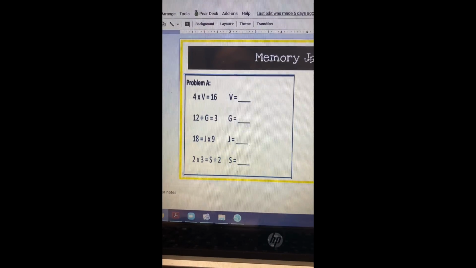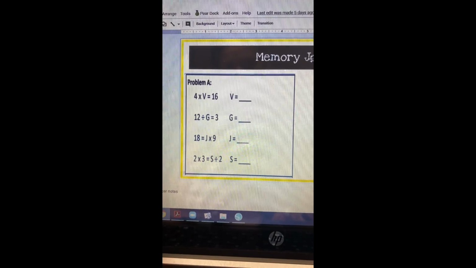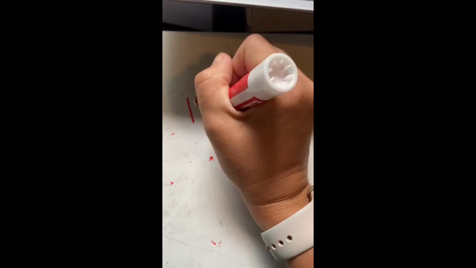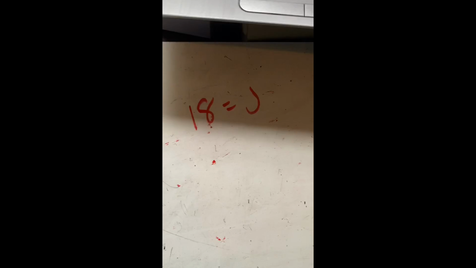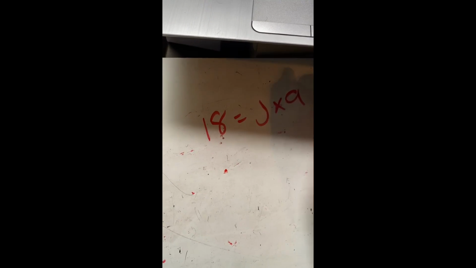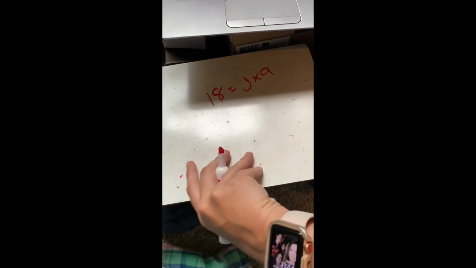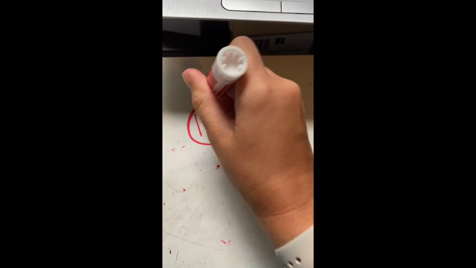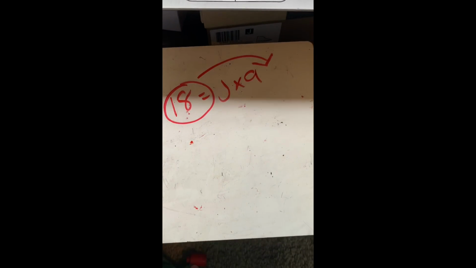All right, if I look at 18 equals J times 9, I'm going to write that right here. 18 equals J times 9. The first thing I notice is that this equation doesn't look friendly. I like my equals and my answer to always be at the end.